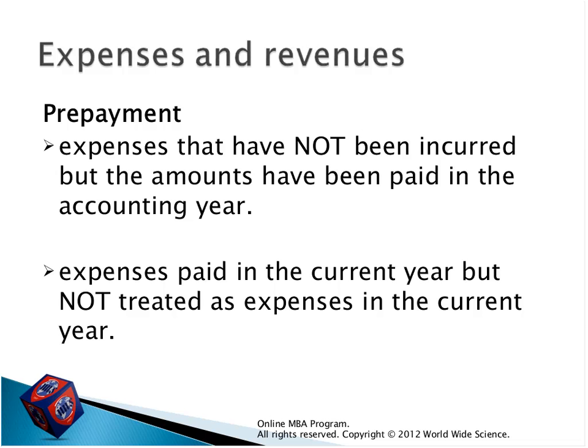This kind of expense has not been incurred, but is already paid. This kind of prepayment is treated as an expense in the profit and loss account. This is very important as well. We consider this expense when we prepare the cash flow statement.